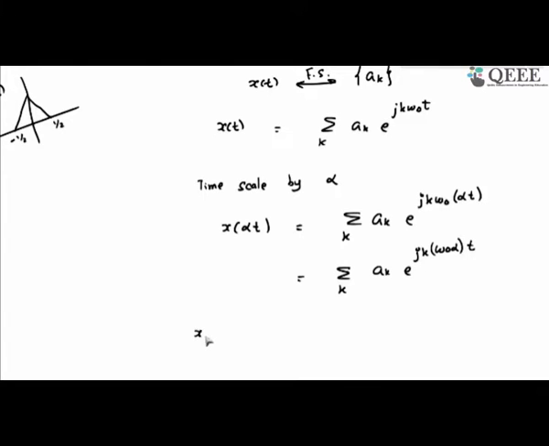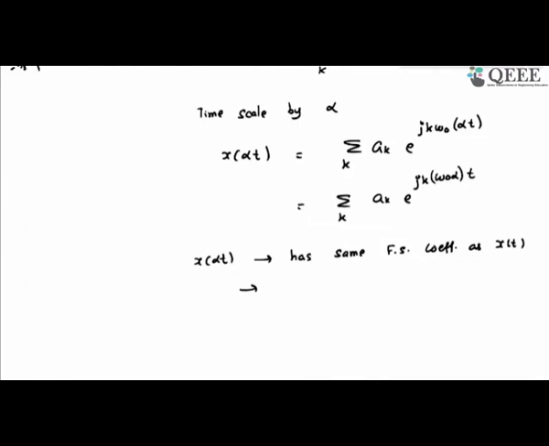So x of alpha t, this is the Fourier series representation of x of alpha t, which has the same Fourier series coefficients as x of t. Only thing is the fundamental frequency now has changed.